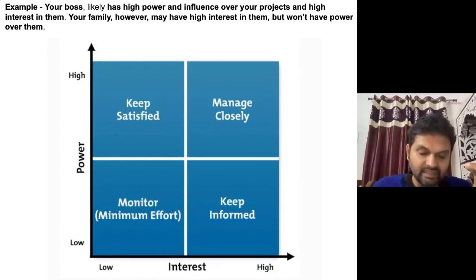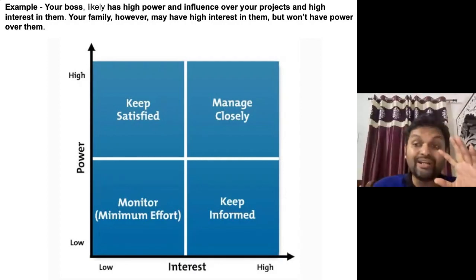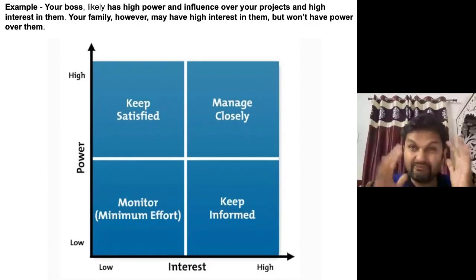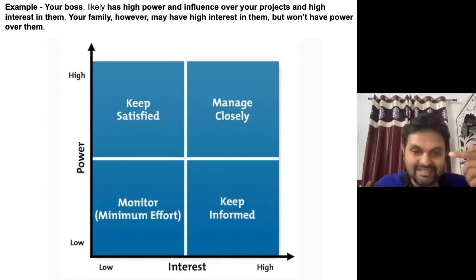Take an example of a person who has low interest and low power. See just the first part, low interest and low power. I just need to monitor them. The effort required is very, very minimum. Now see the interest part on the right-hand side. Interest is high, very interested in the project, but power is very low. Keep them informed.